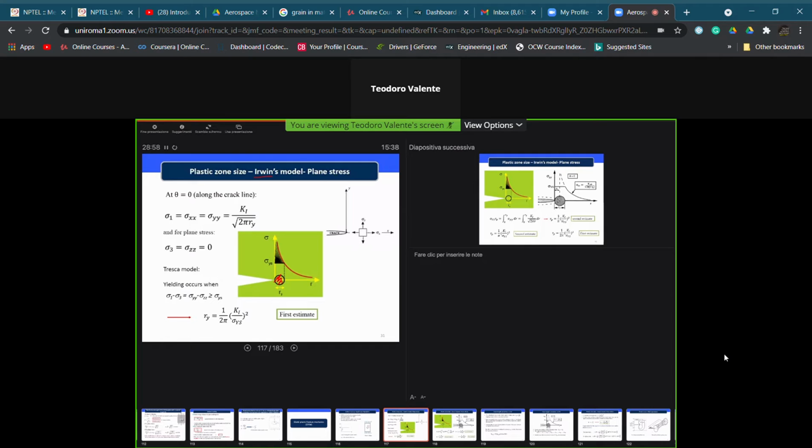And we put our coordinate system looking to the maximum stress which can be obtained, even though, for example, we want to discuss in polar coordinates.